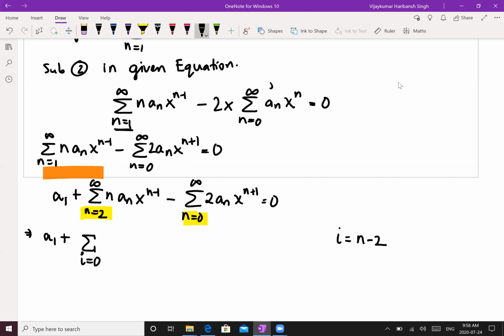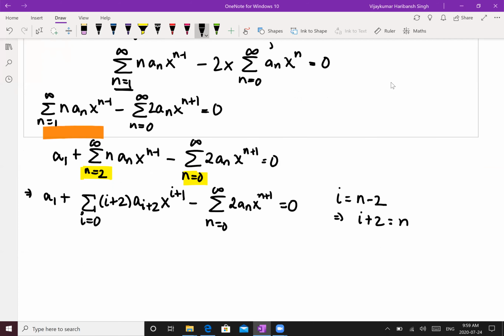So what do we get in that case? i equals n minus 2, so i plus 2 equals n. So we'll have i plus 2 times a_(i+2), and the power will become i plus 1, minus summation n equals 0 to infinity of 2 a_n x to the n plus 1.